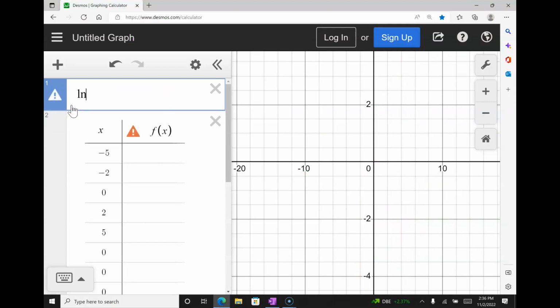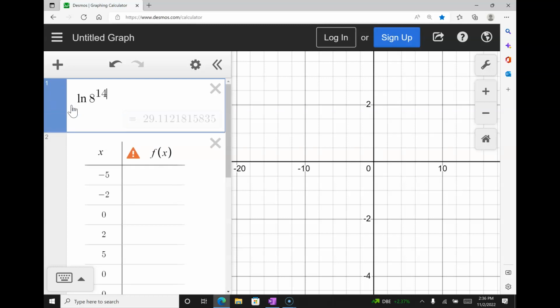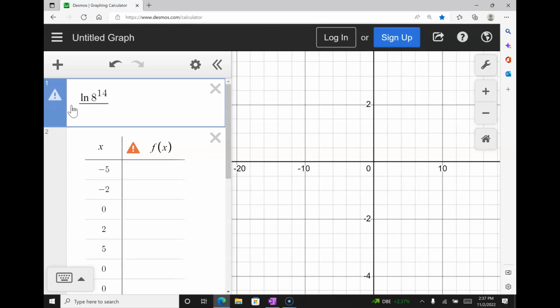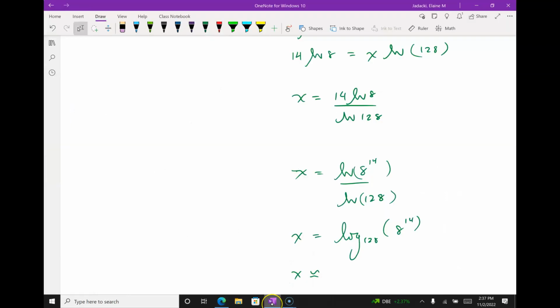Ln of 8 to the 14, divided by ln of 128. And look at the answer. So it's not even an approximation, it's 6. The one on your test will be approximate.